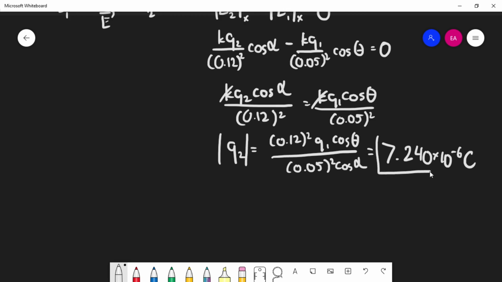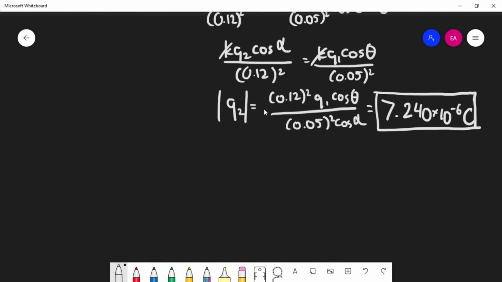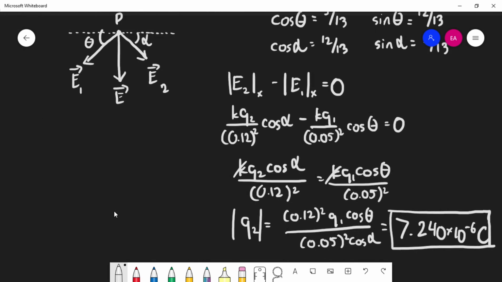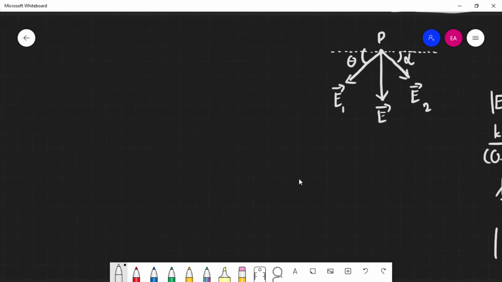This is just the magnitude as the problem is stating. Now, we already have the magnitude of q2. Let's look at the magnitude of E. Now, we could see here from this diagram, the magnitude of E1 in the y direction plus the magnitude of E2 in the y direction would equal to E.